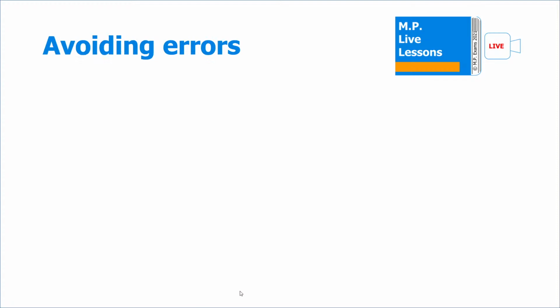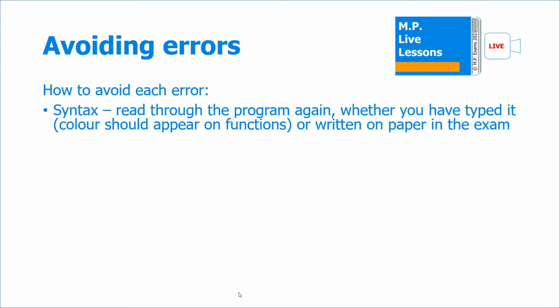Now, how can we avoid some errors? First, for syntax, really, it's to debug the code, but unfortunately you can't do this in the exam. You can't have a computer in the exam. So usually you'd try and read through the program again, whether you've typed it or just written it on paper.